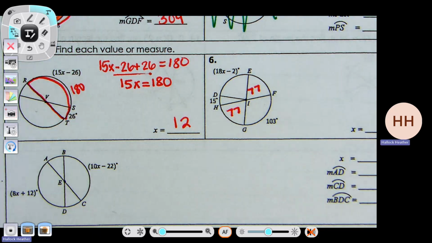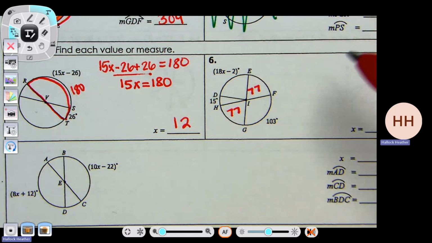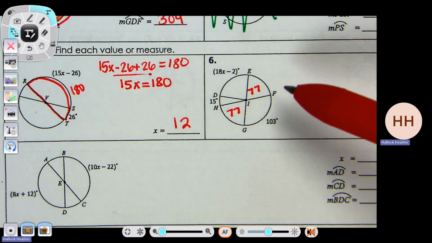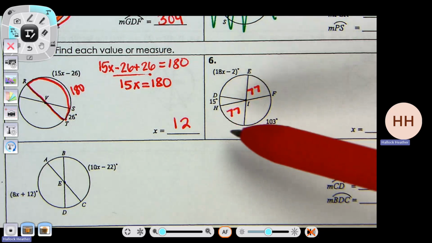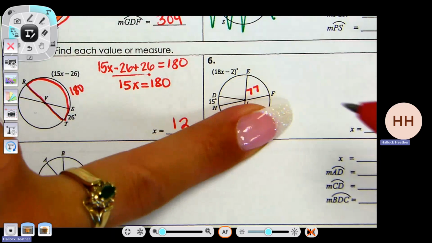What could I do now? You don't have to do that. Did you come up with an easier way? Now that you have all these pieces, you could add to make 360 because it makes a whole circle. You could also add technically half of it to make 180.